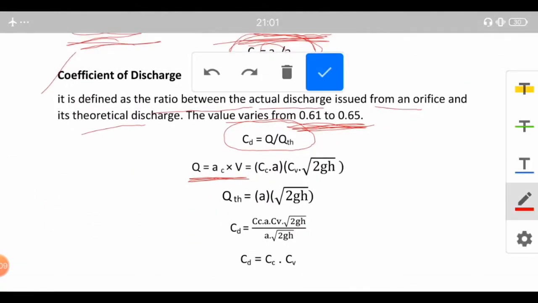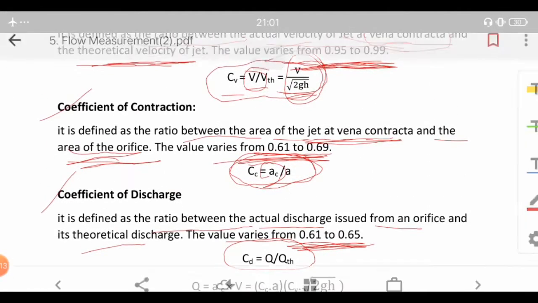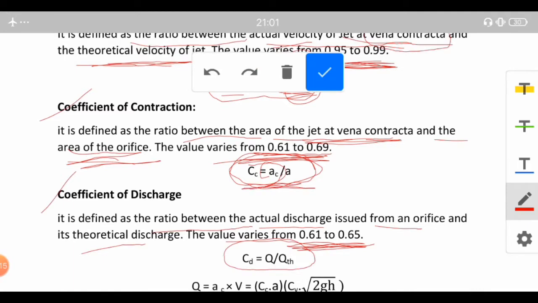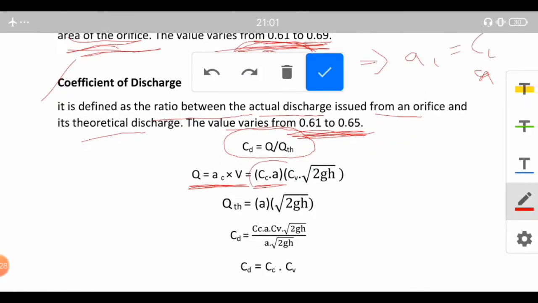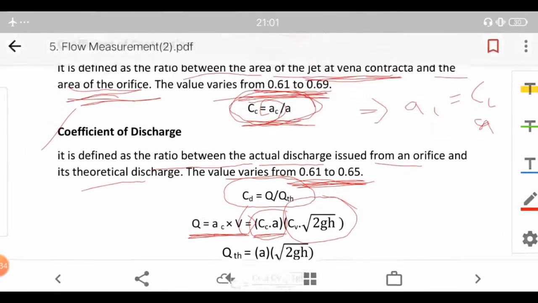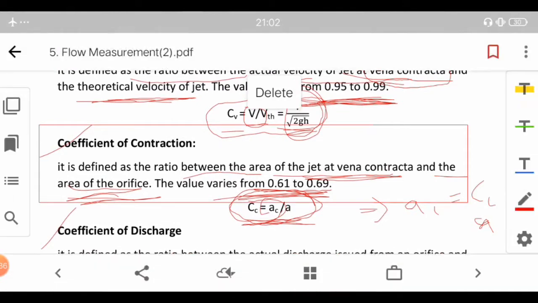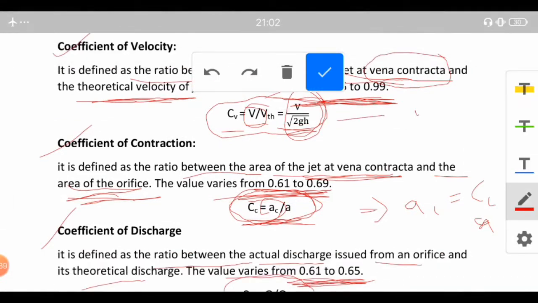Upon writing the product, we can say that Ac is Cc times A, because Cc is equal to Ac upon A. Similarly V is written as Cv times root 2GH, which is obtained from this equation.